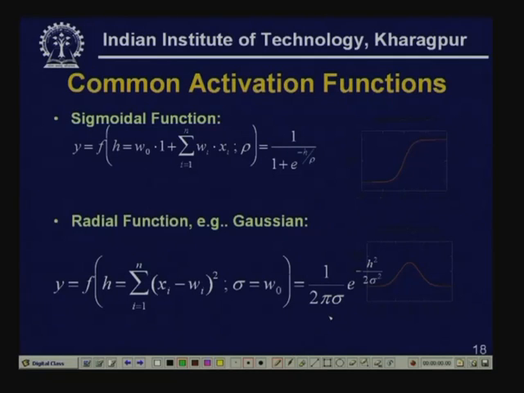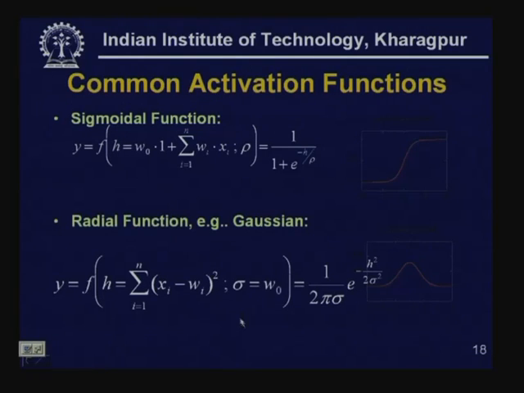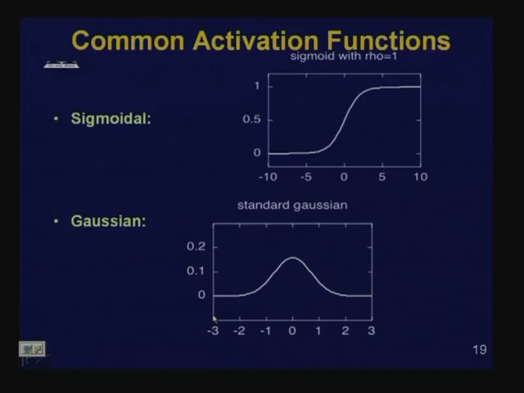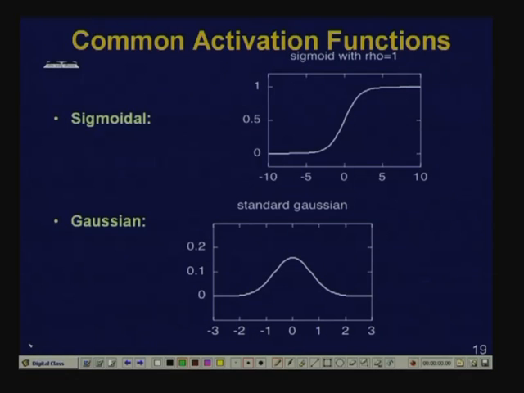The sigmoidal function and the radial function are examples of two functions which people have used in multilayered neural networks. In this class, we will mainly talk about the sigmoidal function. The sigmoidal function has a shape which looks like this.